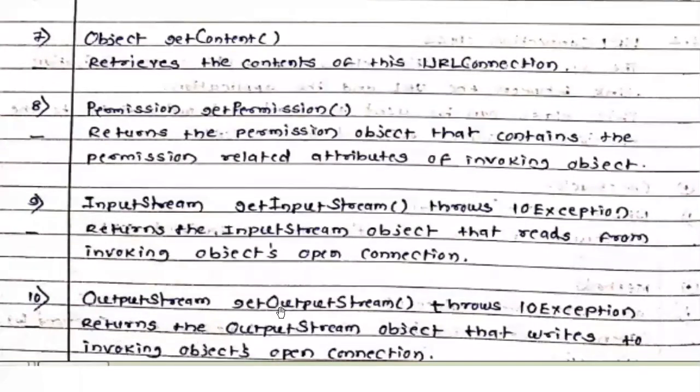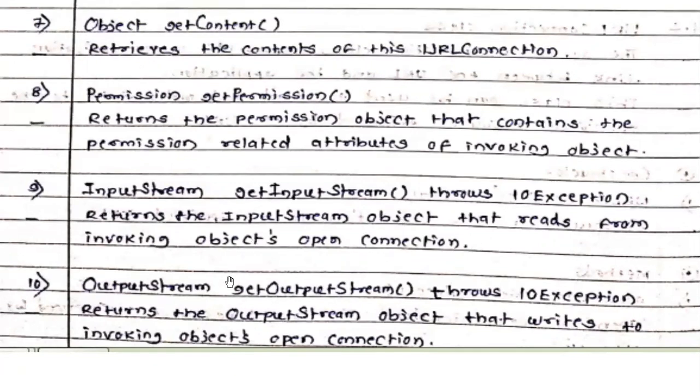Next, InputStream getInputStream and OutputStream getOutputStream. getInputStream returns the input stream object that reads from the invoking object's open connection, so it is used to read. And OutputStream getOutputStream throws IOException; it returns the output stream object that writes to the invoking object's open connection, so it is used to write. We will see these constructors and methods in a program.